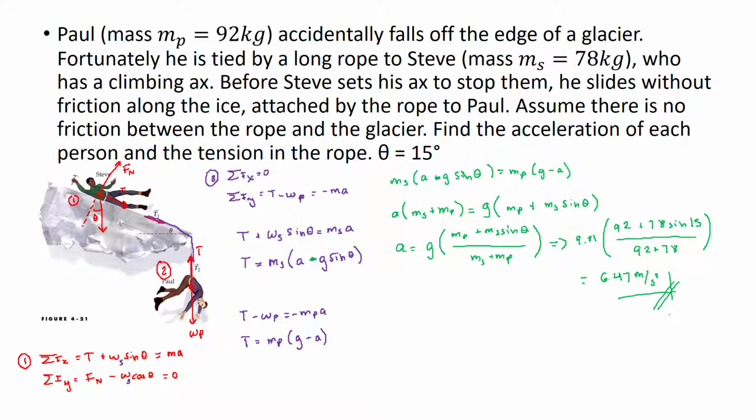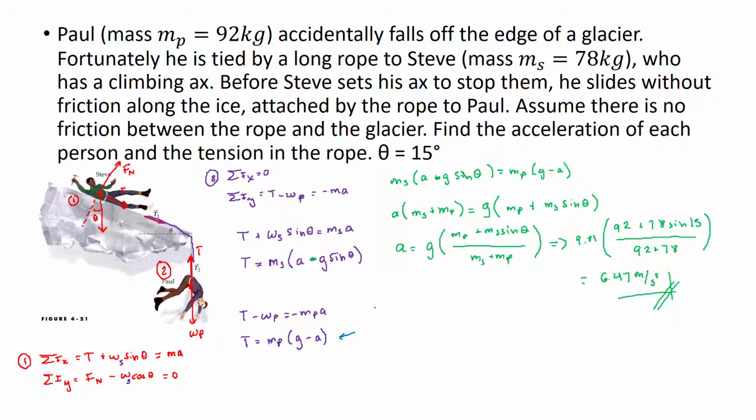Okay, so that's the acceleration. We need to find now the tension of the rope. As I told you before, as it is the same rope, we can assume it's the same one. So I'll take the simplest equation, because the other one has a sine and I don't like using trigonometric things.